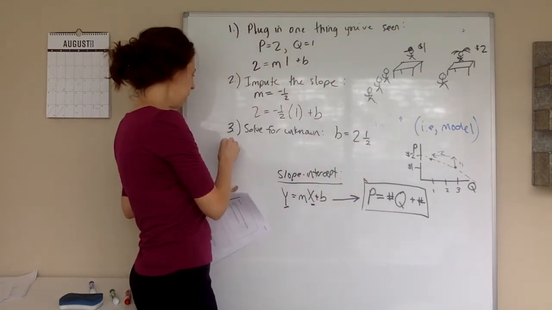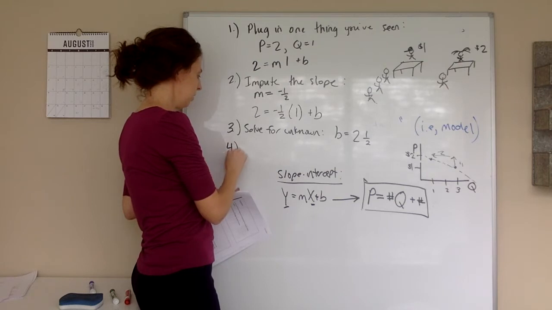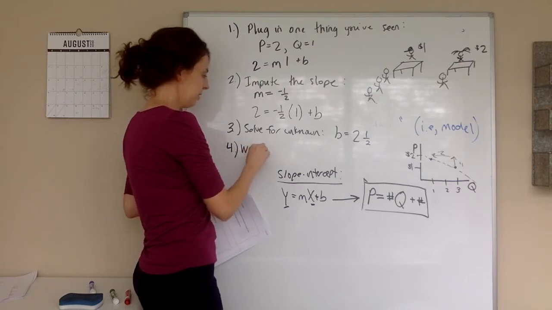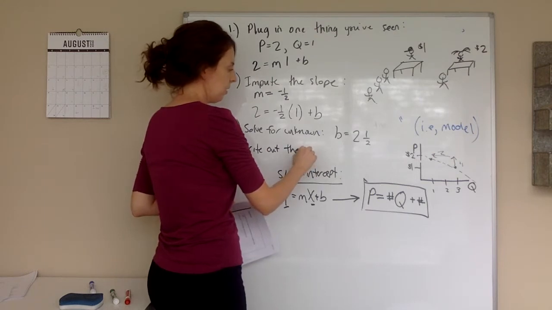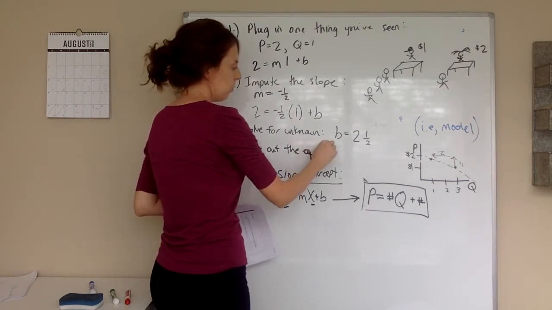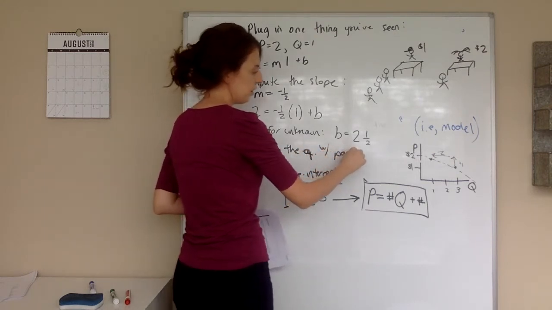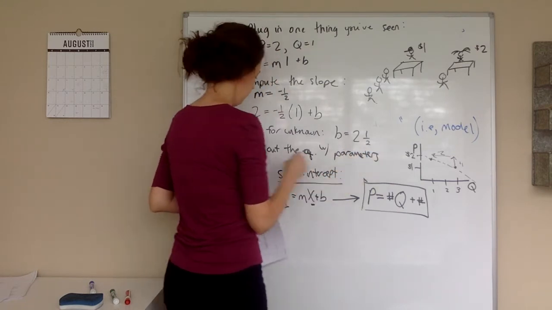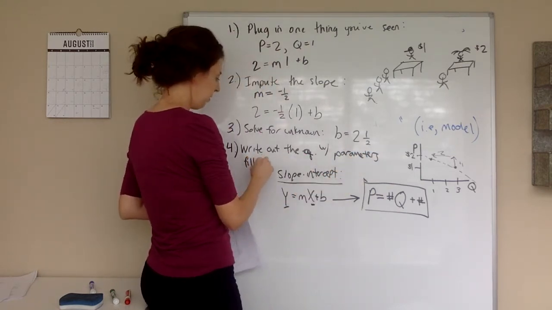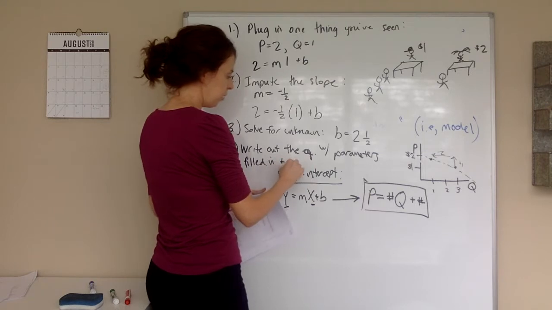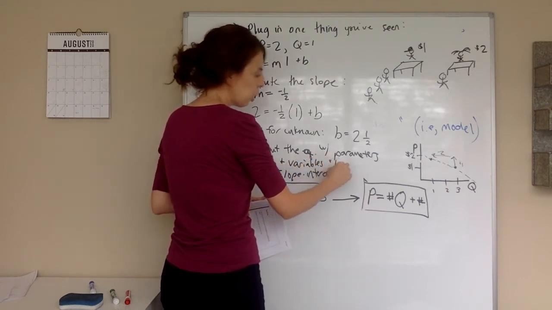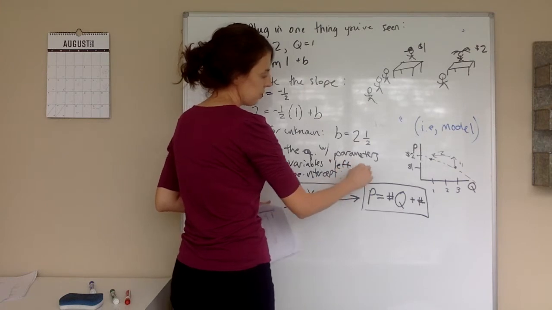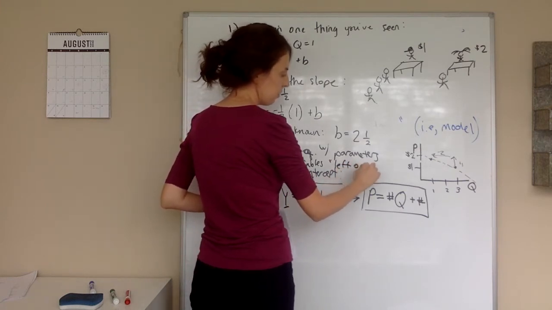And then the last step is write out the equation with parameters filled in and variables left open, so don't plug in specific numbers for the variables.